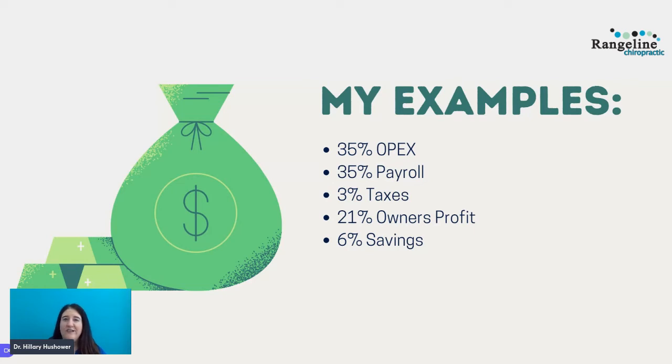These have been tweaked over 10 or more years. So keep in mind, this is what works for me. My rent and mortgage, because I have a commercial building, is a lot more than it used to be. So I do feel like my operating expense is a lot more than it used to be, but it is well worth it for me, so I'm willing to pay that.